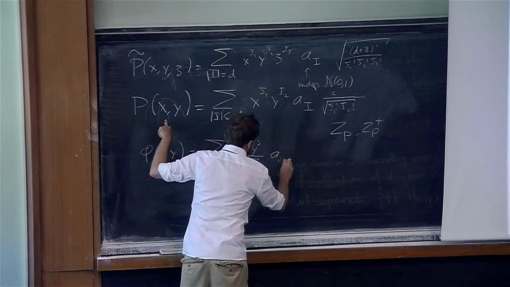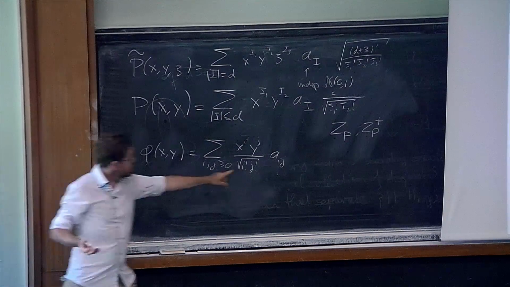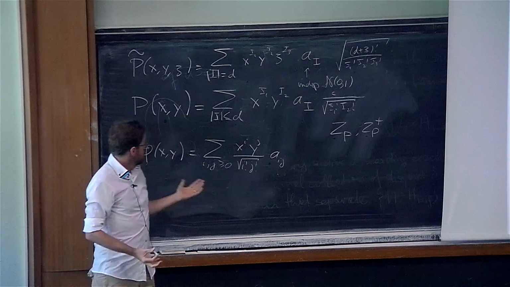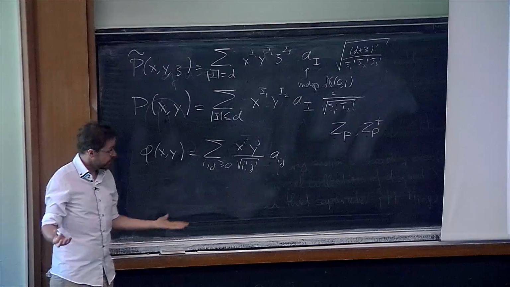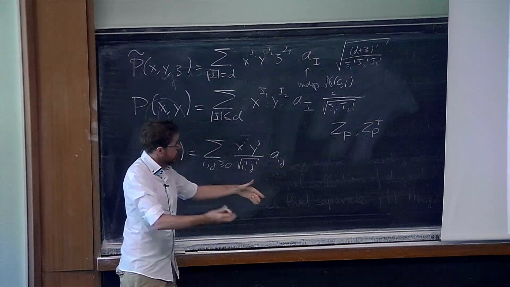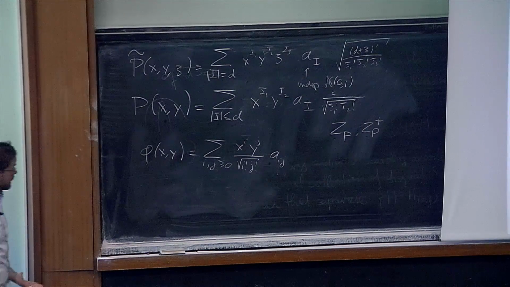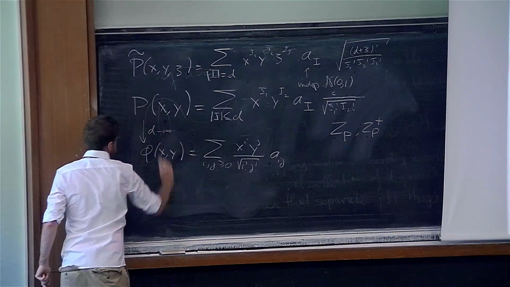And a_ij is a Gaussian, and the a_ij are independent Gaussians of variance 1. So this is a random analytic function now. It's easy to see that the convergence of this is uniform on compact sets. So it gives you a random analytic function, which is the limit of these as d goes to infinity.